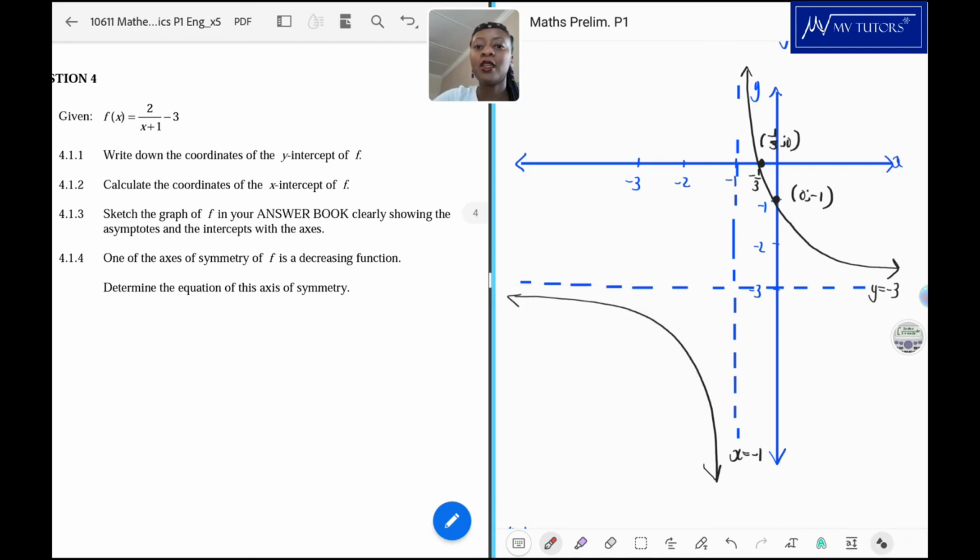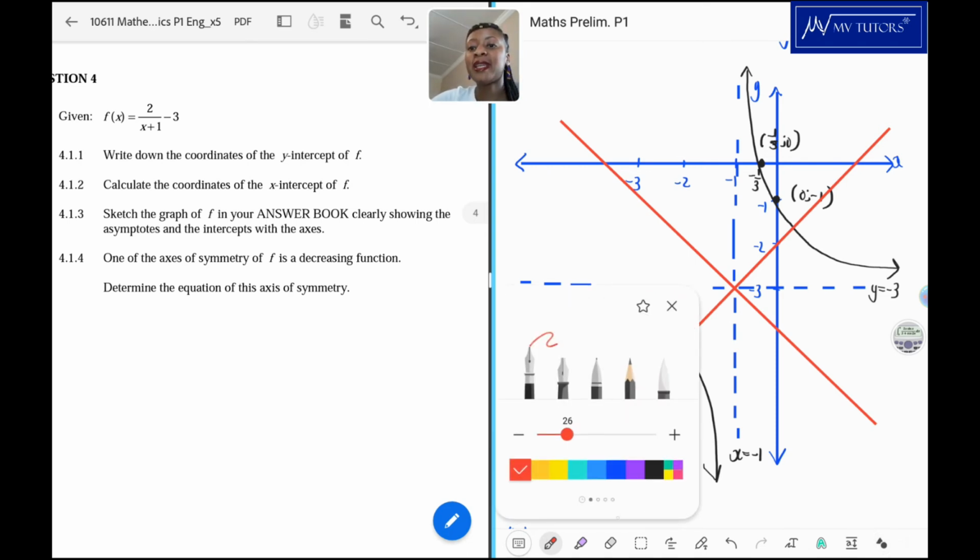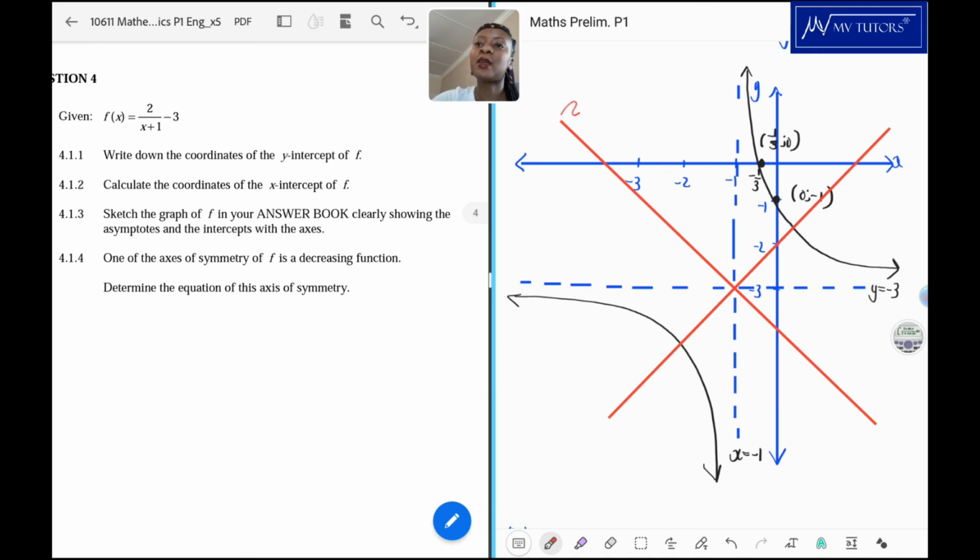So basically you have one that comes like this, and then you have another one that comes up like that. At least it worked out. Which one is negative and which one is positive? Obviously, the one that slopes downwards, from left to right it goes down. It has a negative gradient.